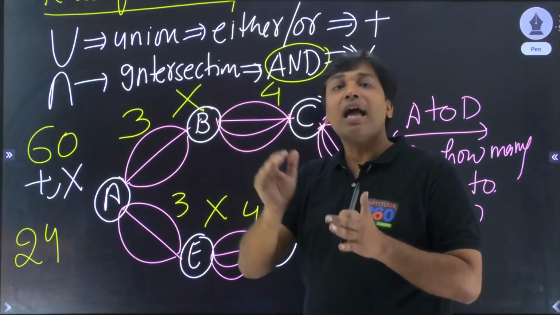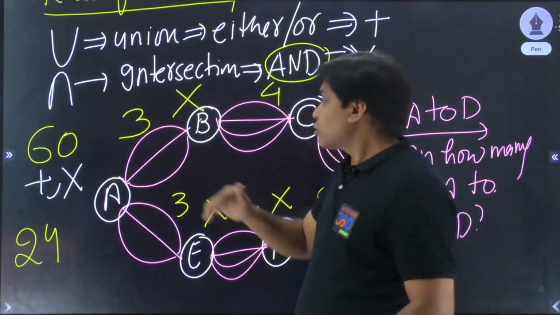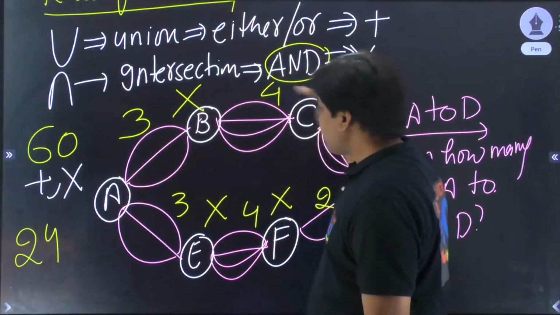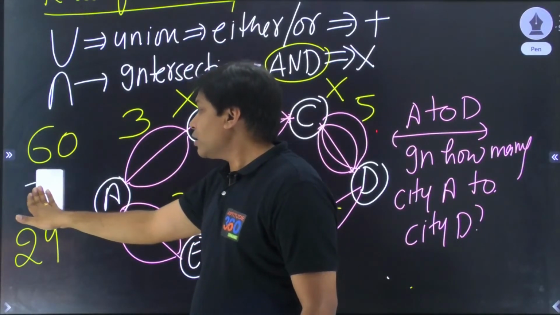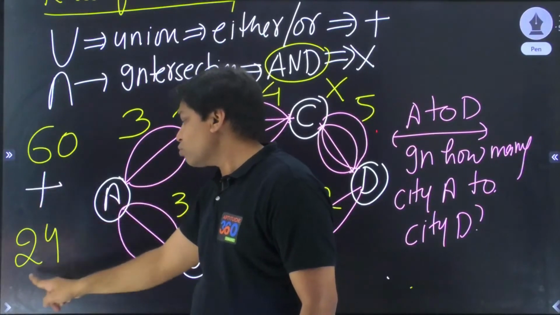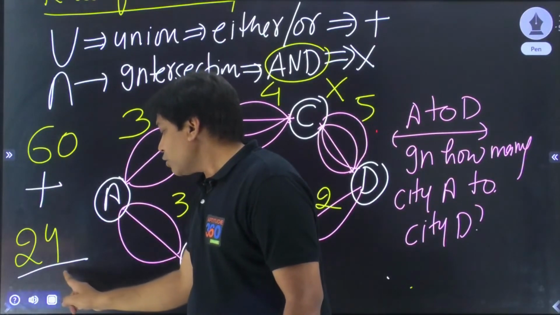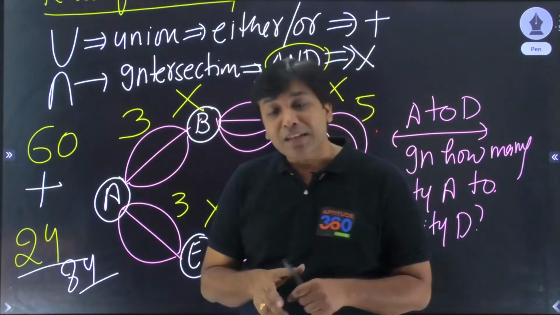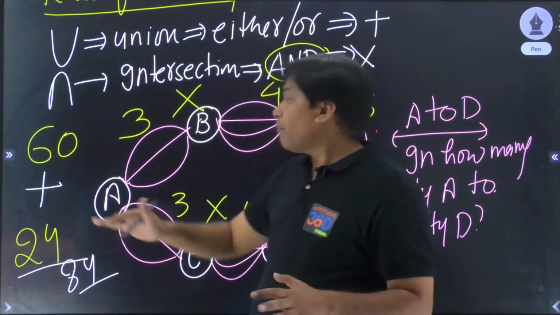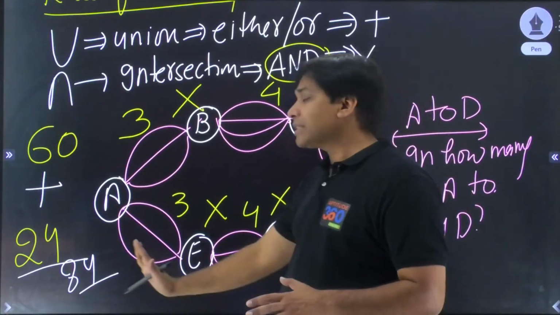You take one and leave the rest. So when you say I am going to take this path or this path, it is rule of addition, and you will have to add these two numbers, and your final answer comes out as 84. In how many ways a person can go from A to D by using all these paths is 84.